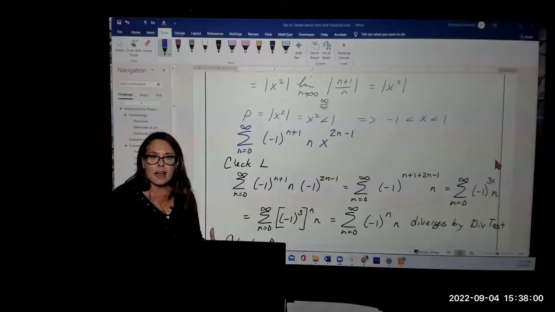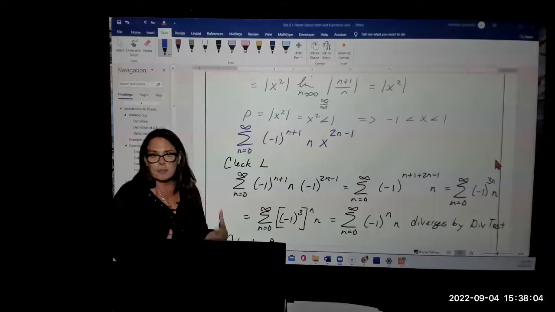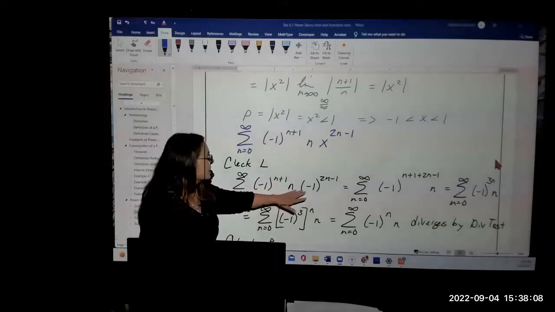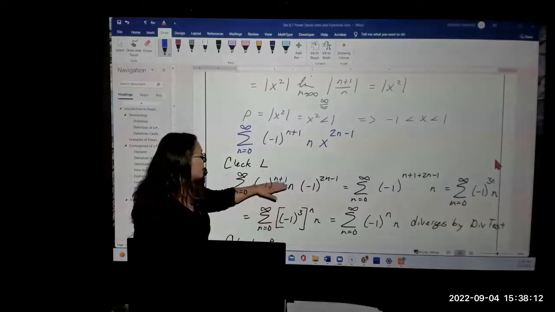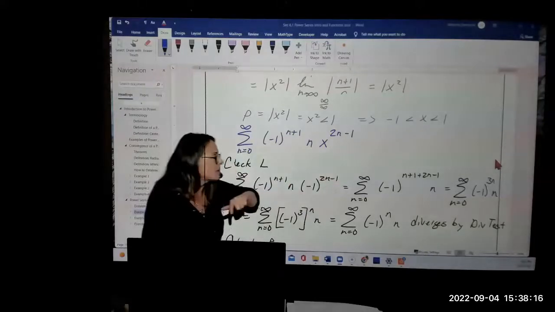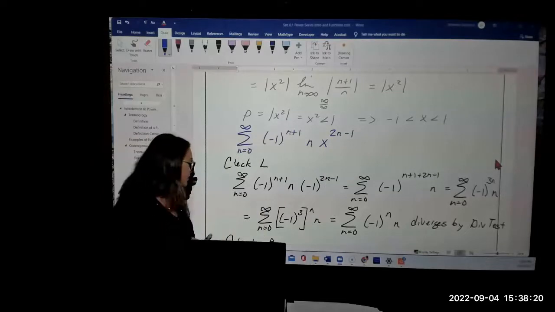Now we have to do some algebraic manipulation here, lots of power rules. So we have -1 to the n plus 1 times n times -1 to the 2n minus 1 power. And then we have the same base -1, so we add the powers, and that gives us -1 to the 3n times the factor n.